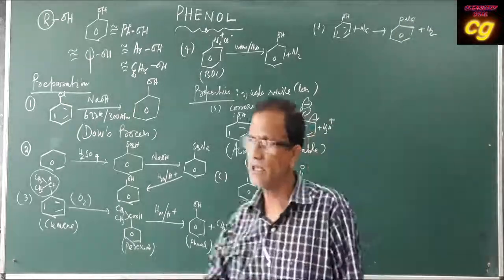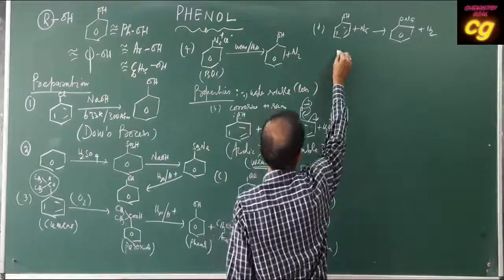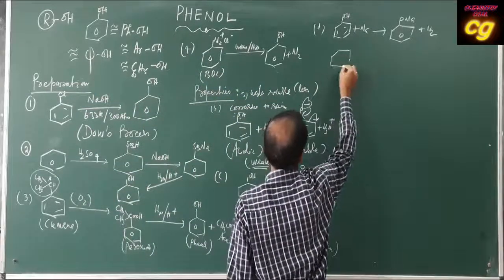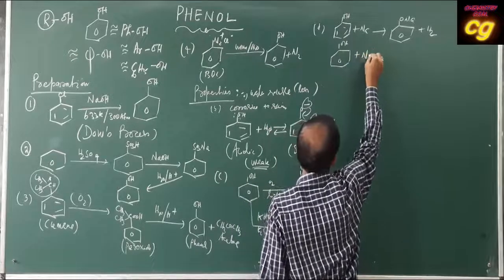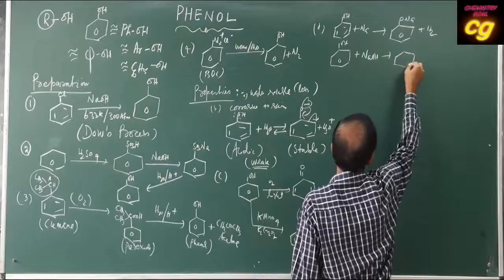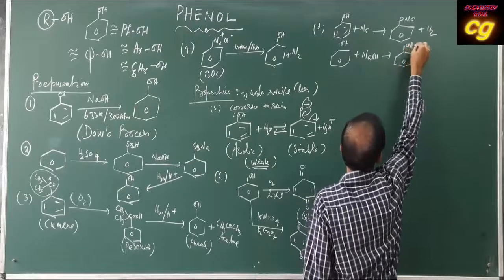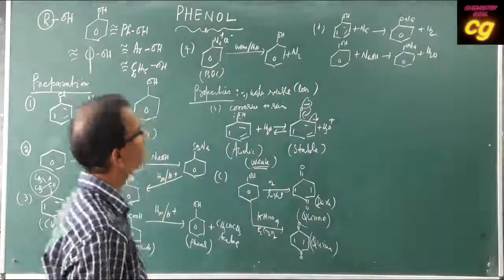This is very important, that phenol is an acid. It reacts with sodium metal, and it also reacts with base, producing salt and water. This is a very common reaction, the acidic nature of phenols.